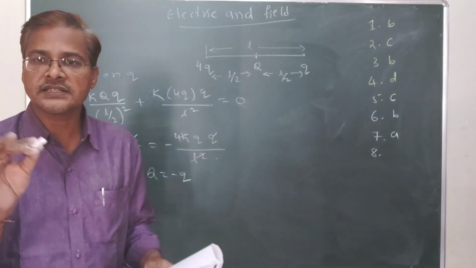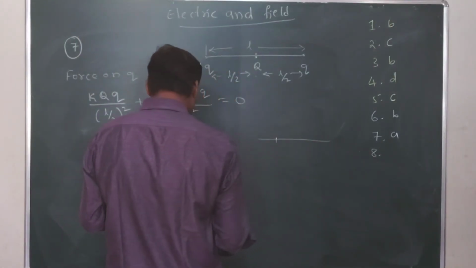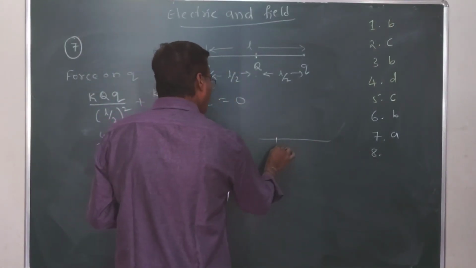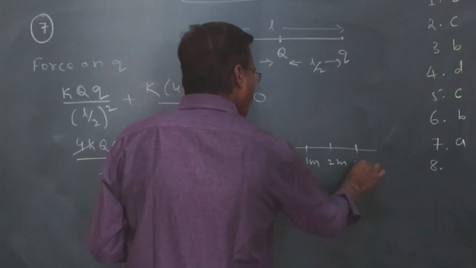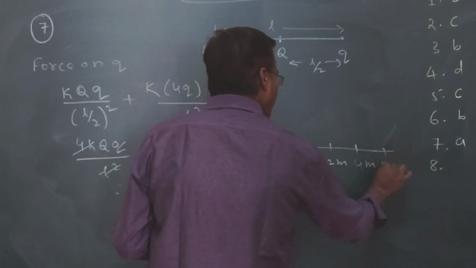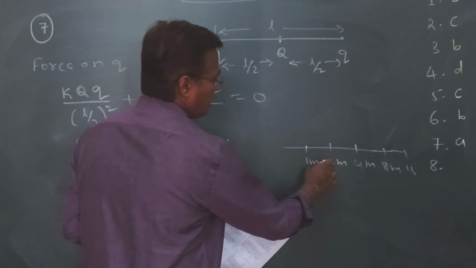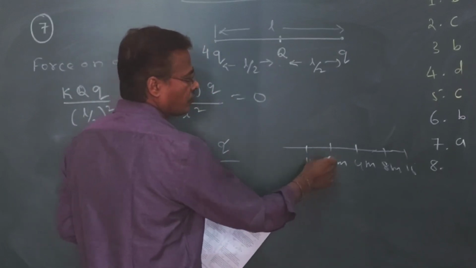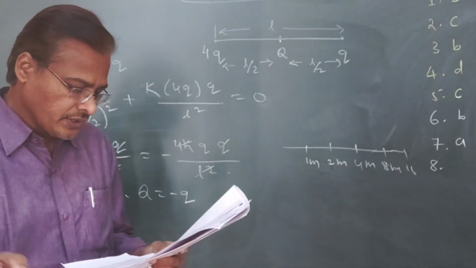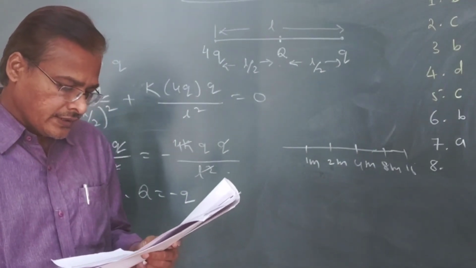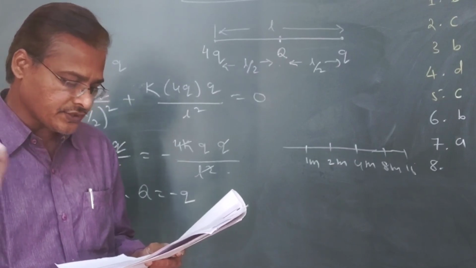Means the charges are placed like this. 1 double is 2, 2 double is 4, 4 double is 8, 8 double is 16, 16 double is 32.